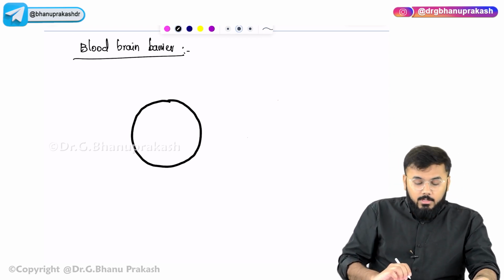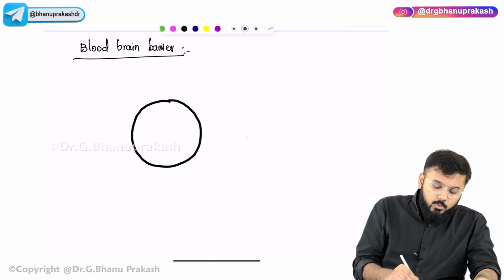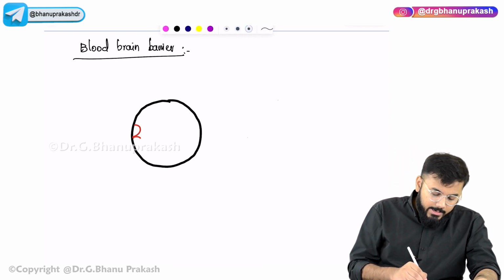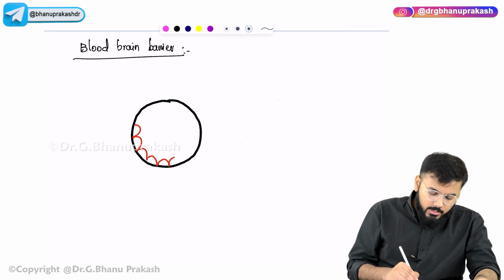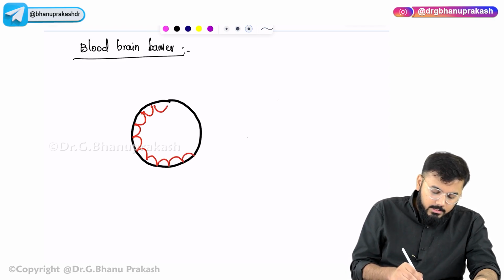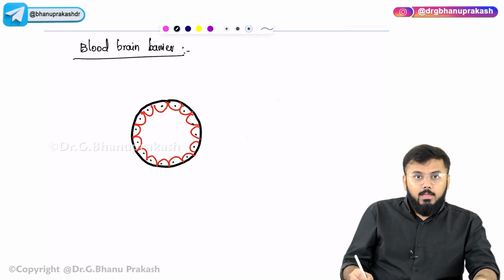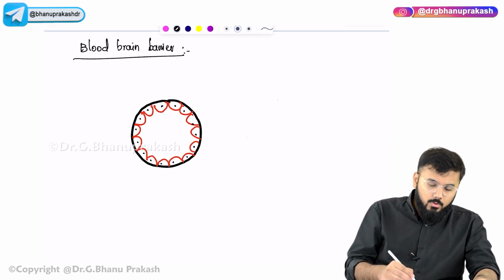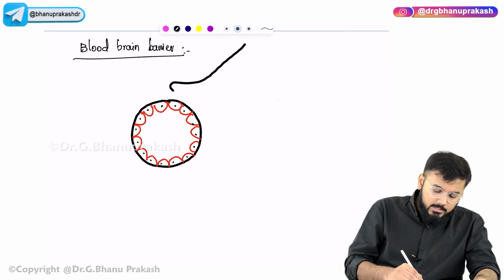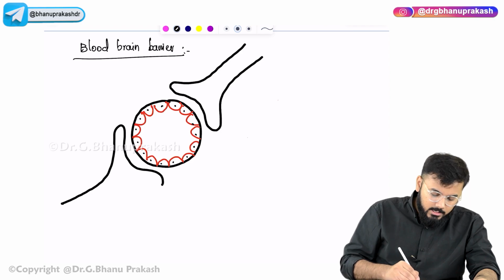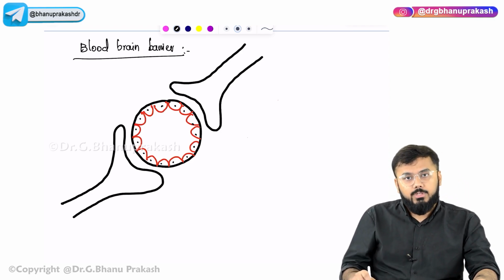Within this blood vessel you have endothelial cells, so this is your capillary endothelium. And next, we have some cells like this. These are called astrocyte cells.